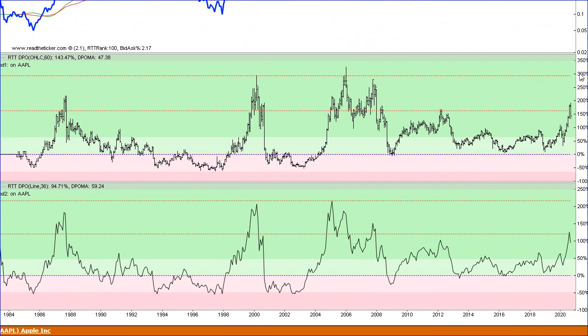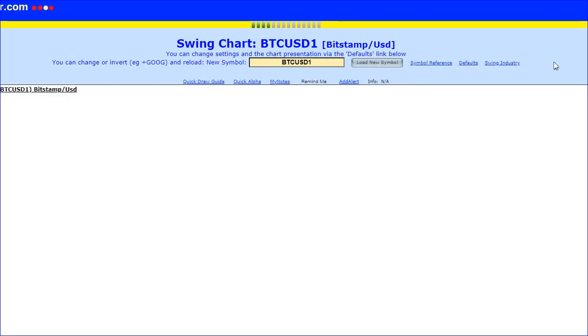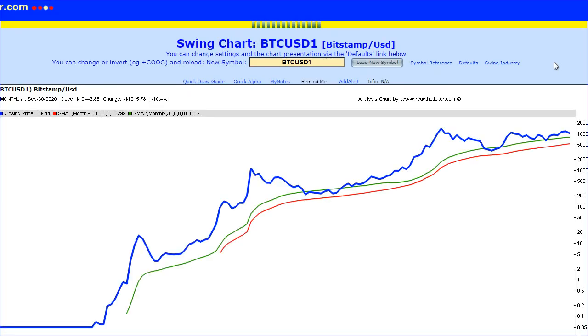Okay, so if we want to do that same test for gold, well, let's do Bitcoin first. Everyone loves Bitcoin, eh? So you can use the simple moving averages and the RTT DPO over a 5-year and a 3-year period to work out extreme range levels.